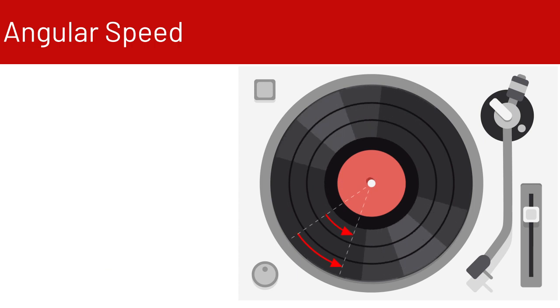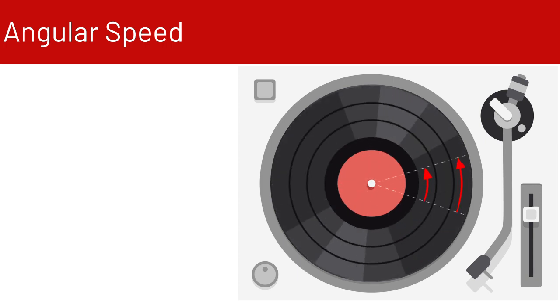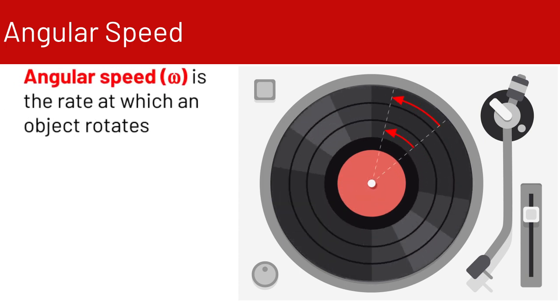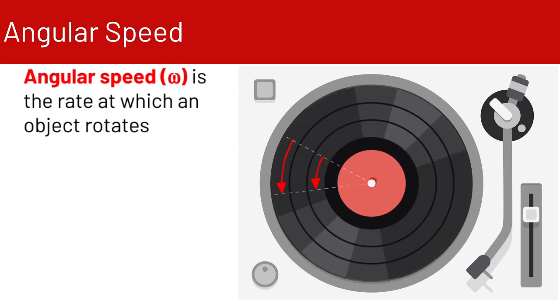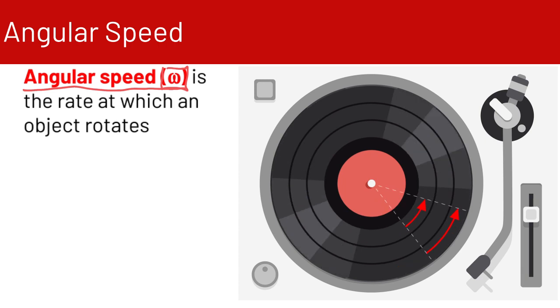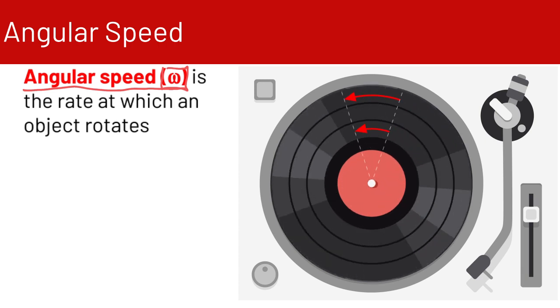Okay, so let's take a look now at a different way to measure speed of a rotating object, and that's looking at the angular speed or the angular velocity. Angular speed, or omega, so that's the symbol we use to talk about angular speed, lowercase Greek letter omega, is the rate at which an object rotates.